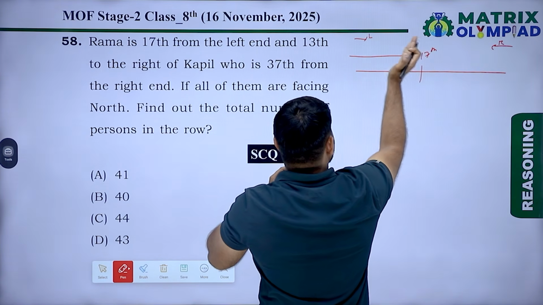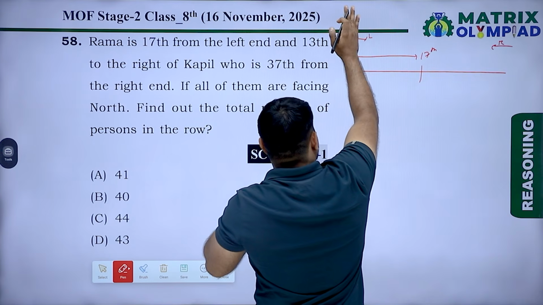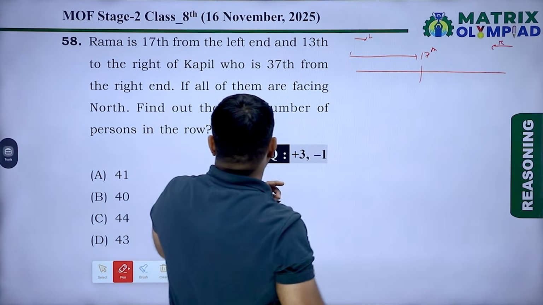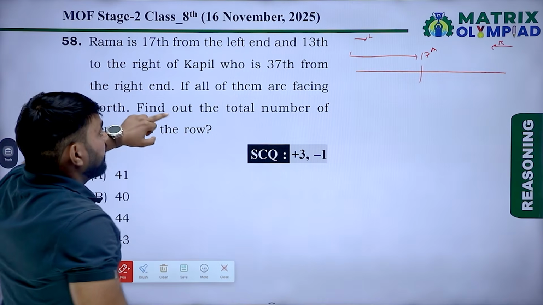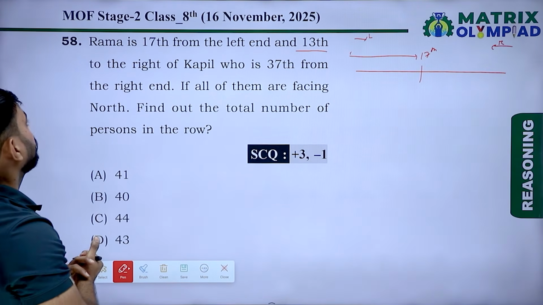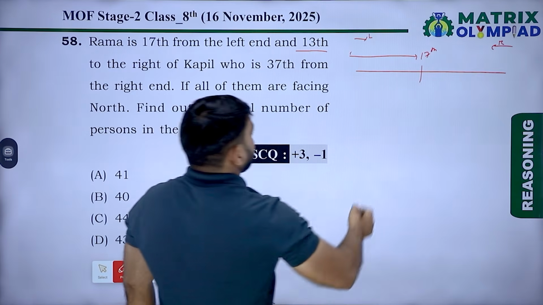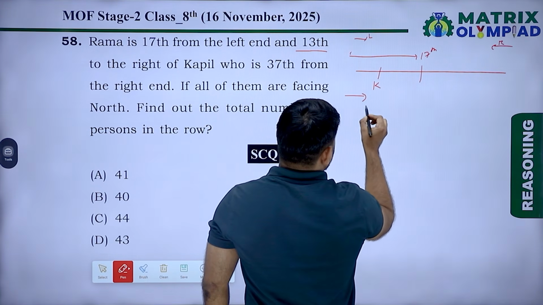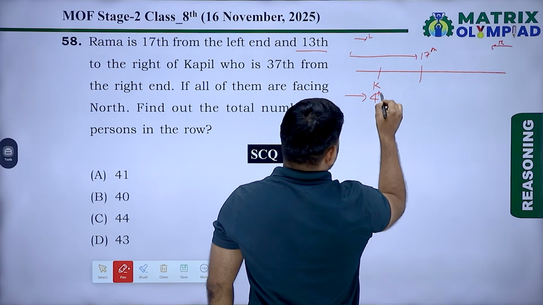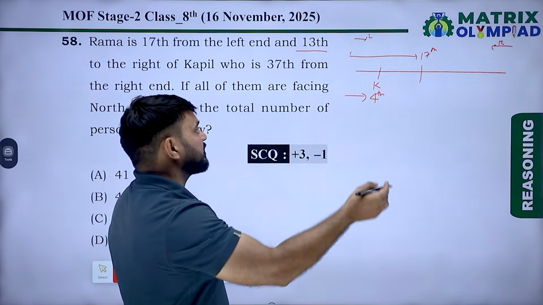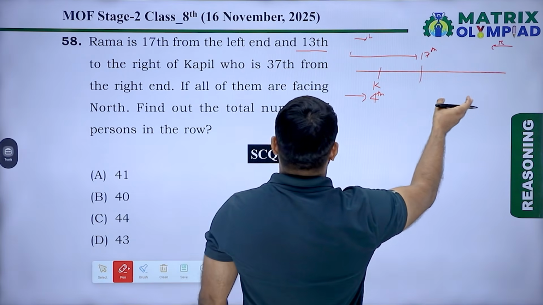It means 16 persons are ahead of Rama in this row. And Rama is 13th place to the right of Kapil. So it means position of Kapil is fourth from the left, because Rama is 13th place right of Kapil.